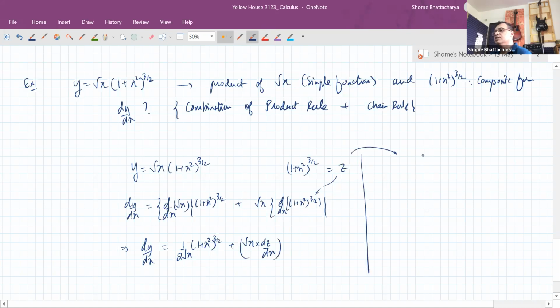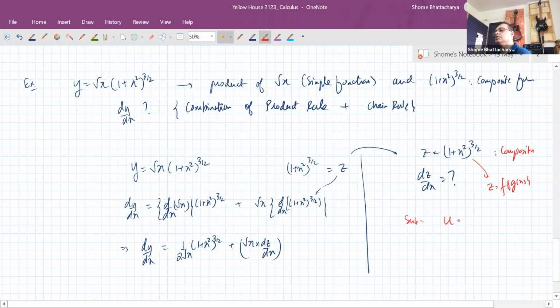So this now becomes a separate problem, that z is 1 plus x squared to the power 3 by 2. So what is dz by dx? So now we'll use chain rule again, because this is a composite function. Z is a composite function of x. So we'll substitute.